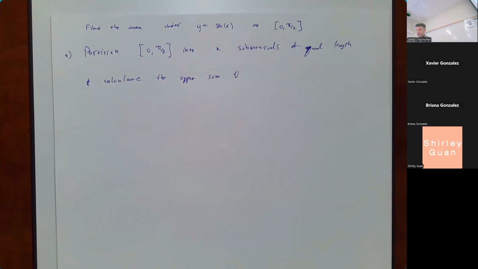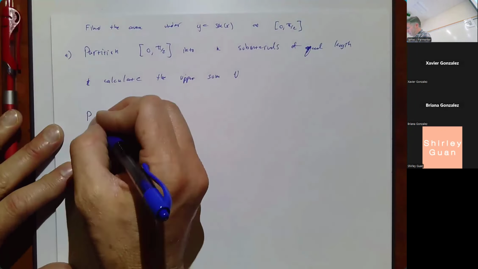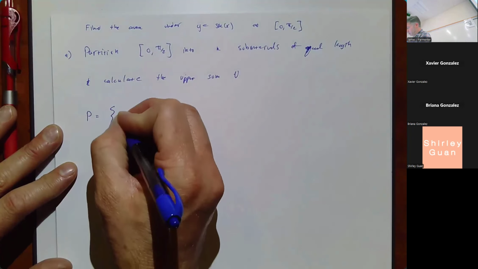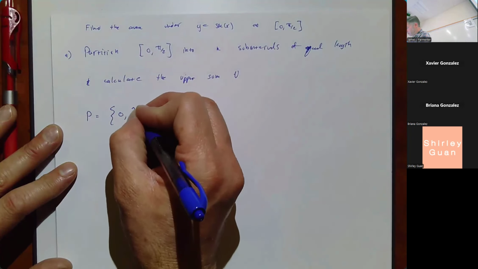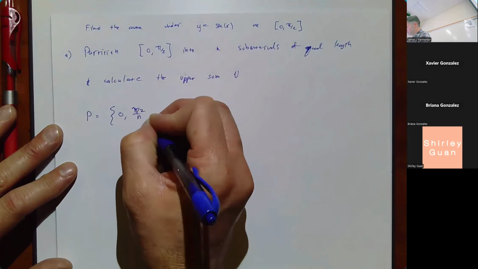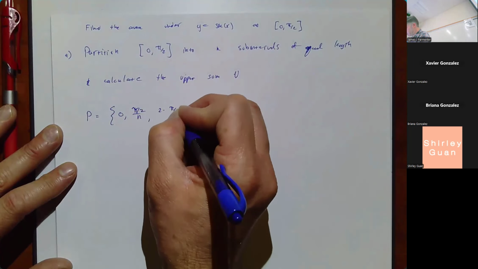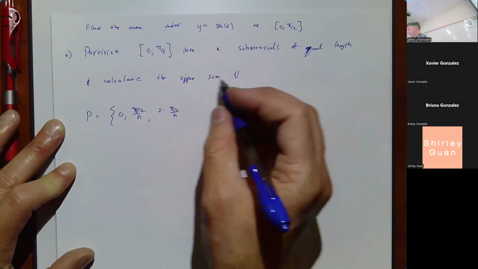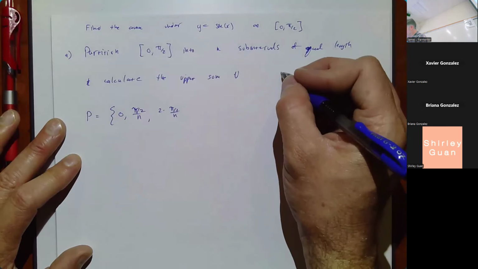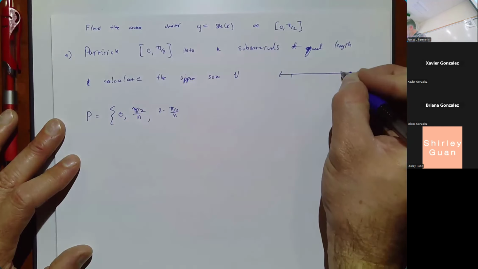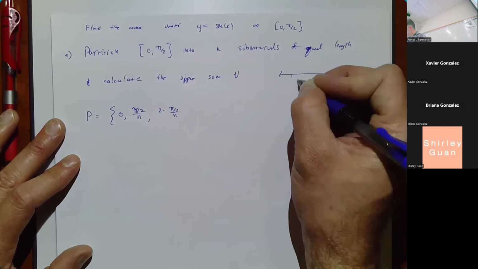Upper sum. Great. Okay, so the partition is just all your x values. If you're actually trying to write the partition, it's going to be the set 0, pi over 2 over n, 2 times pi over 2 over n, because we're breaking this 0 to pi over 2 up into n equal subintervals.